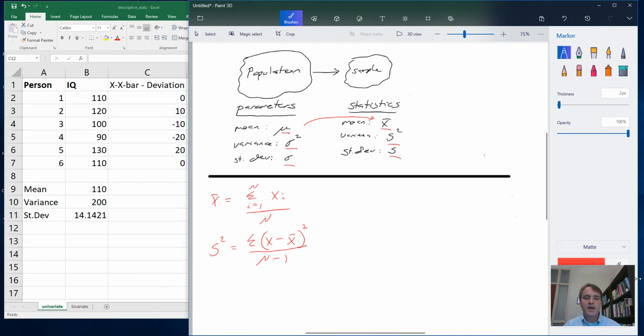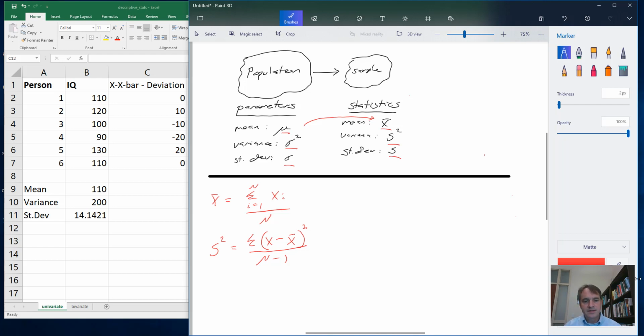So by subtracting 1, we make this denominator smaller, which makes the whole thing larger. So we have to do this to bump that up a little bit to represent the true variance of the population.